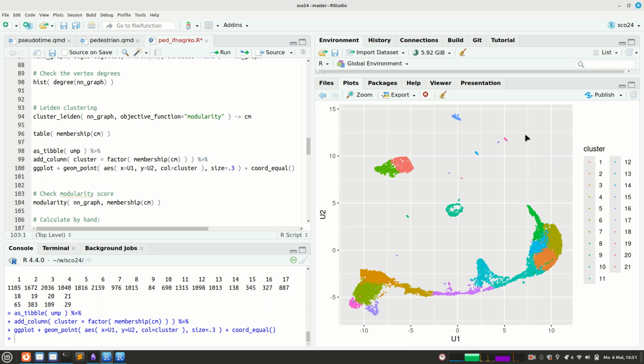But for now, how do we do this? How do we quickly assign each cell to such a place? And there's a couple of different algorithms how to do that. Classical ones might be the k-means clustering.